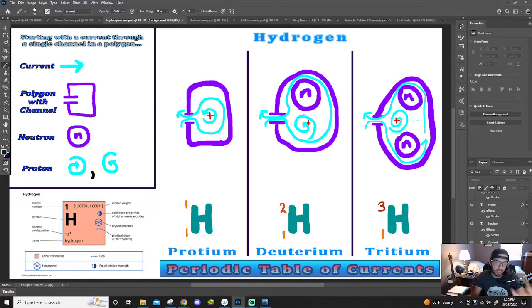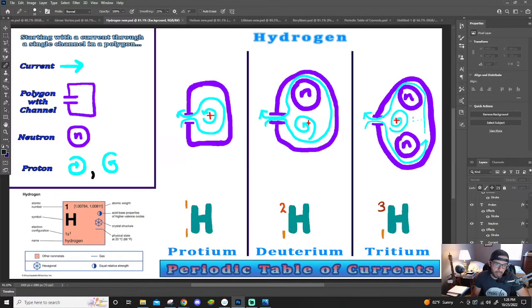Then essentially now we have a neutron, and again the eddy exists, and it essentially spreads out the polygon, moving material, creating just a higher density wall of the polygon to a sufficient degree to support it.